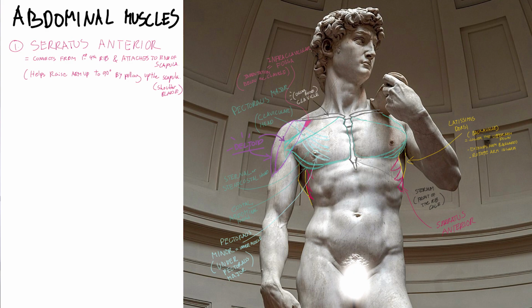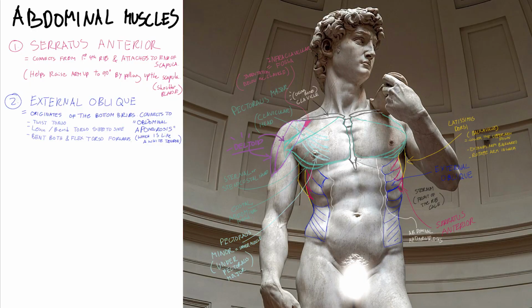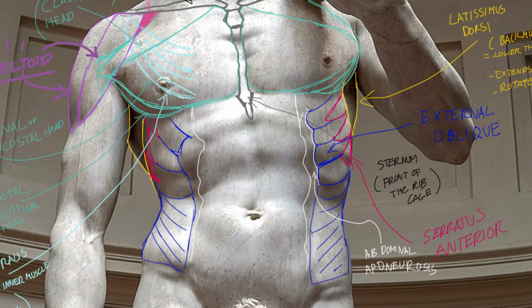And right below it, now we have a muscle that's going in the opposite direction, which is called the external oblique. The external oblique originates off of the bottom 8 ribs, and it connects to the abdominal aponeurosis, which is this white tendon that's in between the rectus abdominis, which we'll talk about very soon.